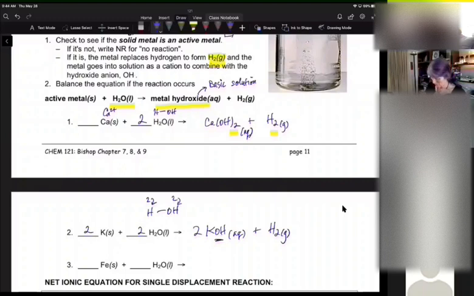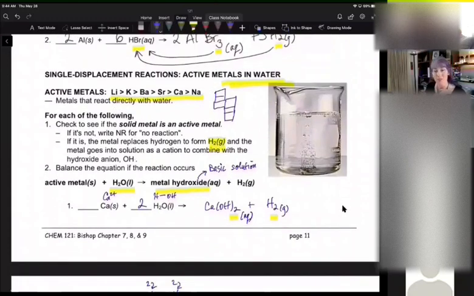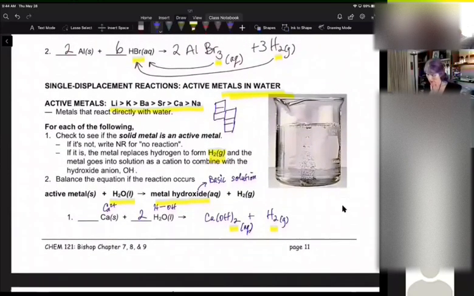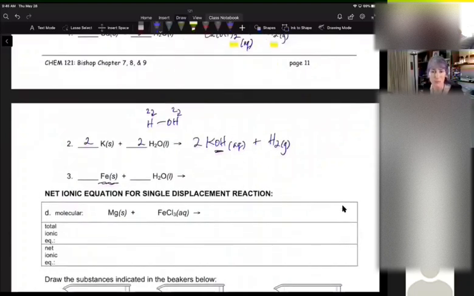Now the last one is looking at iron. Iron is not on this list. Or another way to say it, do the bike racks melt in the rain? No. Iron does not dissolve, so this is no reaction.